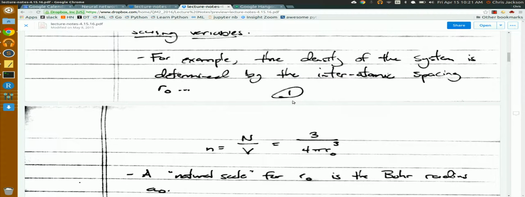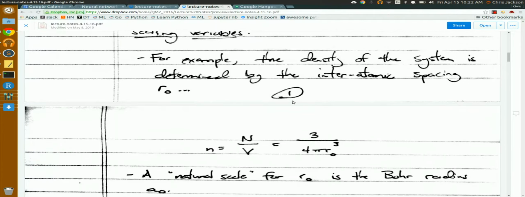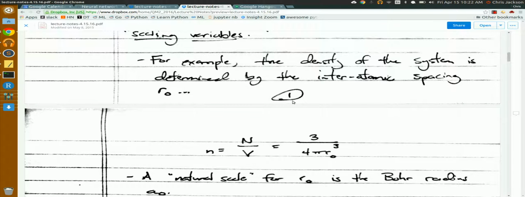All right, so one of the quantities that we're going to need is the density of the system, or the number density of the system. The number density is given by the total number divided by the volume. What we're going to do is rescale this to the case of one particle, and the volume that particle sees.